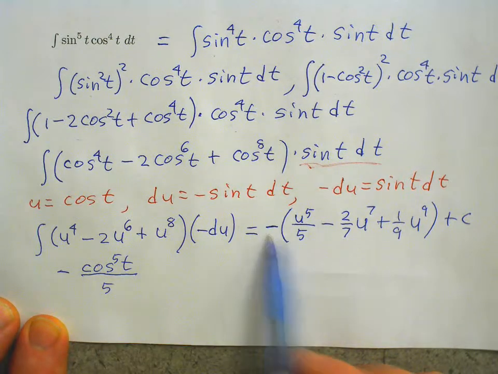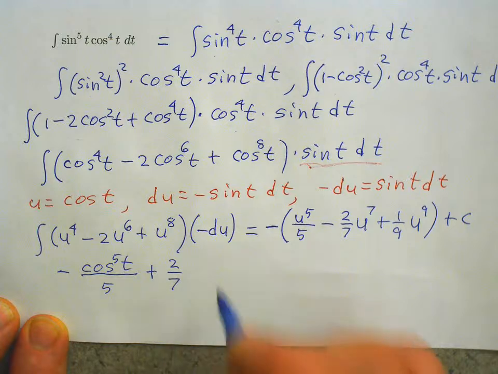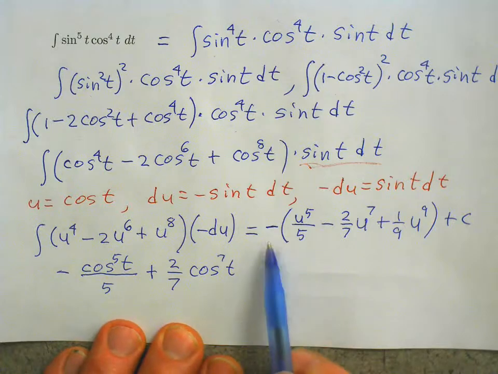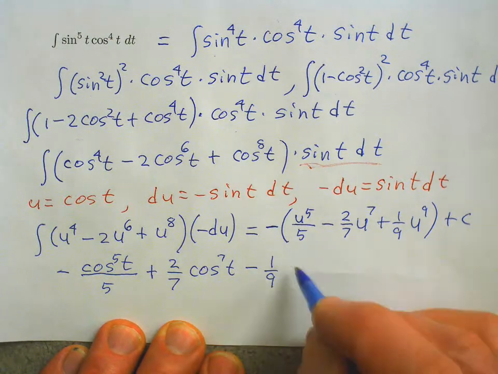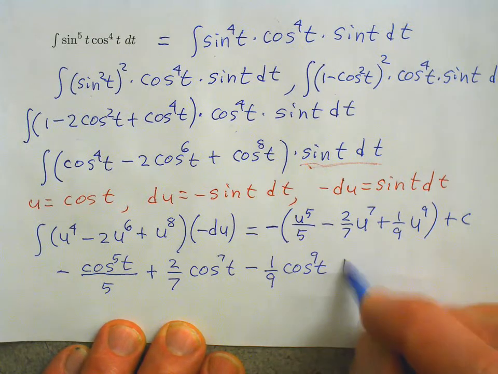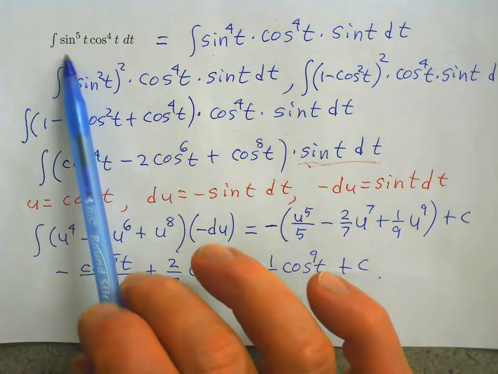And then we're subtracting a negative, so that's plus 2/7 times cosine of t to the seventh. And then we're subtracting 1/9 times cosine of t to the ninth plus a constant. Hey, this is the final result of that indefinite integral that we started with.